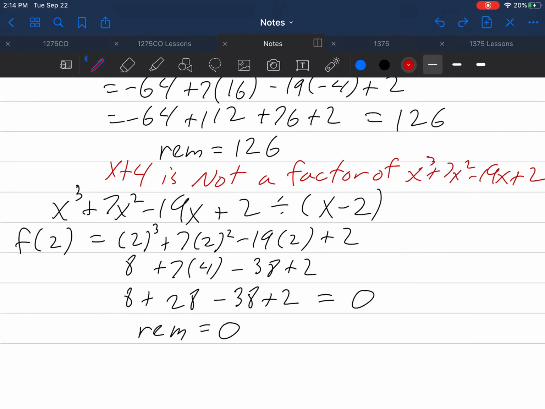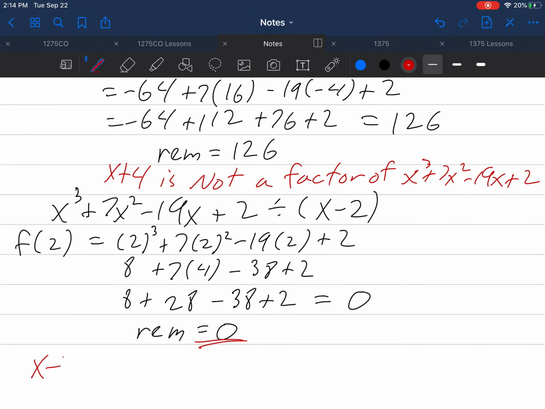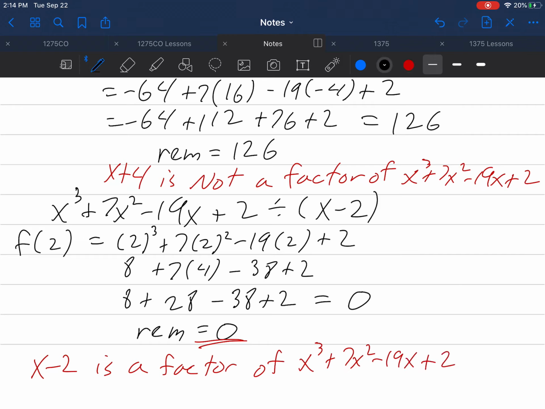But since we got a remainder of 0, x minus 2 is a factor of x to the third plus 7x squared minus 19x plus 2.